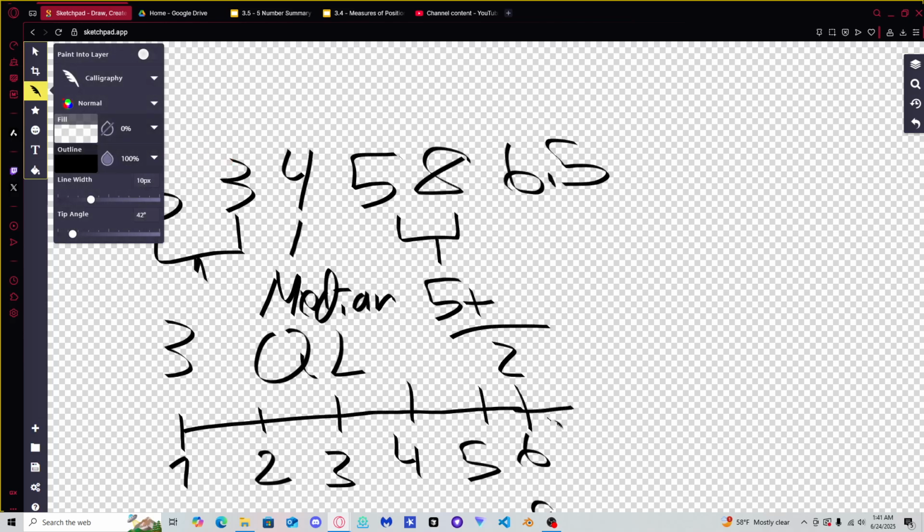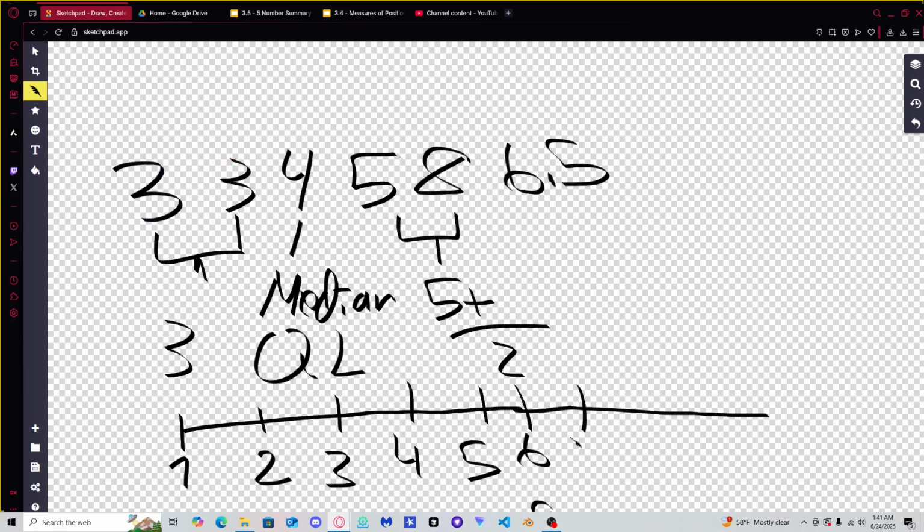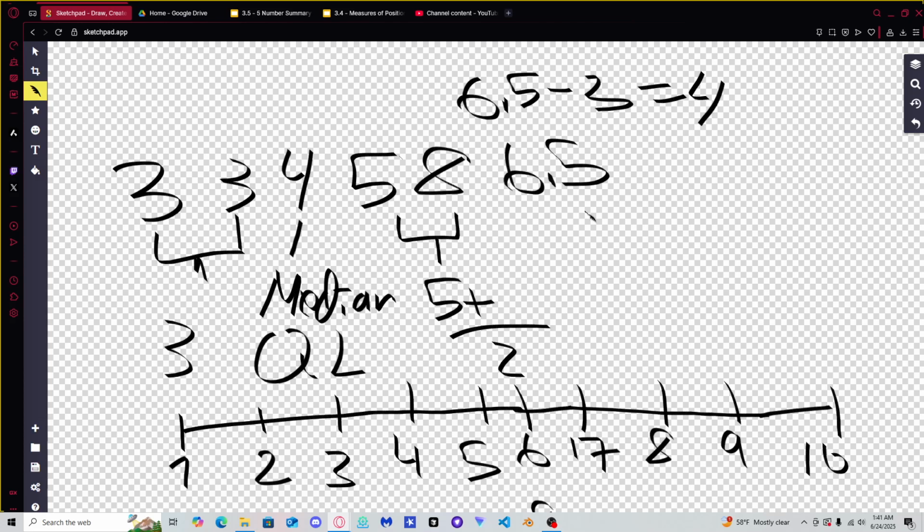And we'll extend this out to, let's go 8, or let's go 10 actually. Okay, now we have to calculate the interquartile range, which is just going to be 6.5 minus 3, which is going to give us 4. Then we'll calculate the lower and upper fences, which is just going to be 3 minus 1.5 times 4, which is going to be a negative value. So it's going to be negative 3, and then we'll do the same thing over here, which is going to be 12, I believe, 12.5.